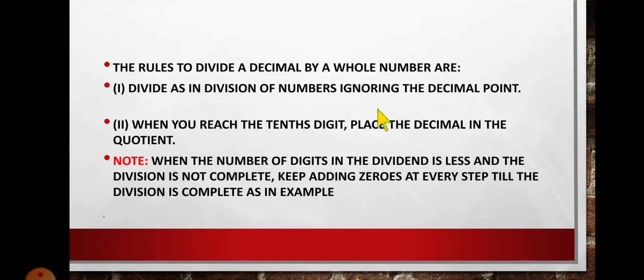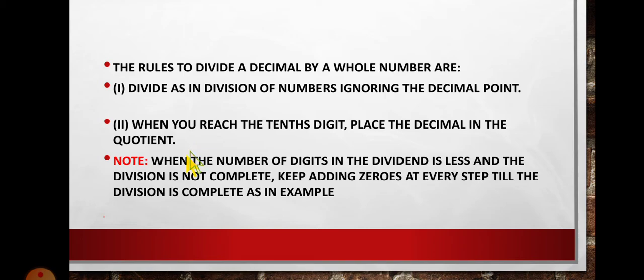First of all, you just ignore the decimals and do simple division. Then when you reach the tenth digit, it means when you reach the decimal, then place the decimal in the quotient. After that, in the quotient you insert the decimal.